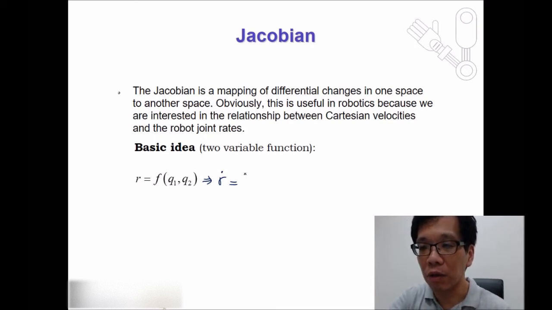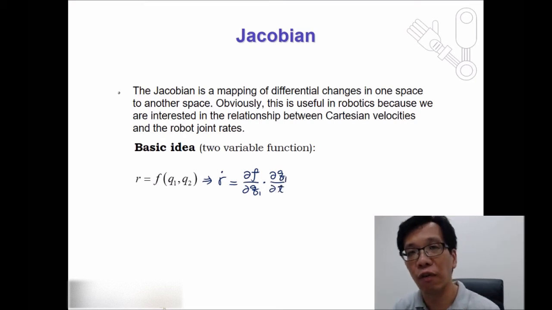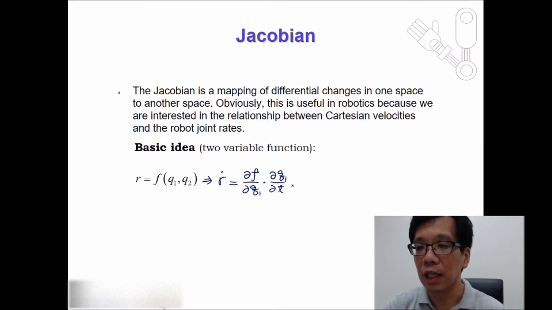So what we're going to do is use partial differentiation: partial f, partial q1, and partial q1, partial t. That's for the change of the first variable q1. And since we have two variables in this function, the second one does the same thing: partial f, partial q2, and partial q2, partial t.